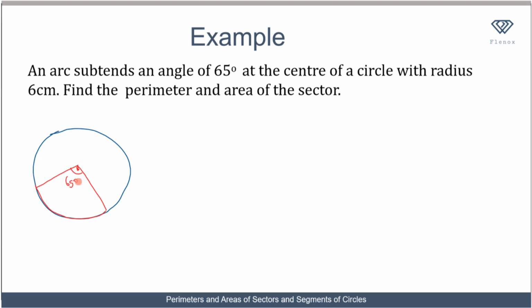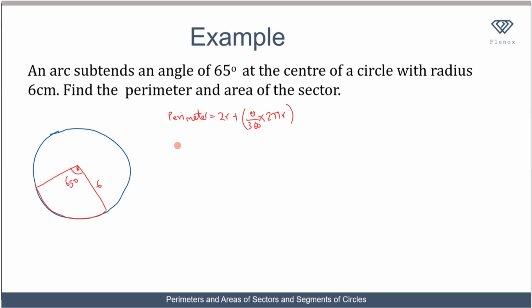First, I'm told to find the perimeter and the area of the sector, and I've been told that the radius is 6. So the first thing I want to do is to find the perimeter. The perimeter of the sector is given as 2r plus theta over 360 times 2 pi r.